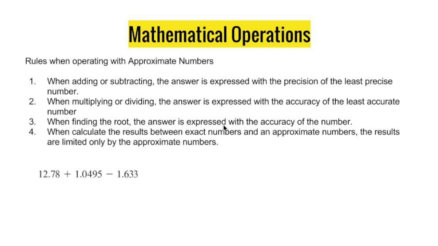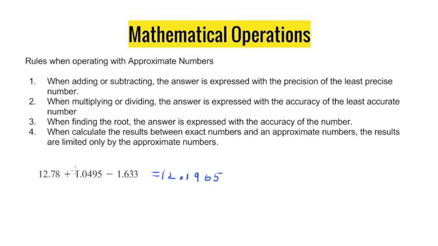You literally put 12.78 plus 1.0495 minus 1.633 in your calculator. And when you do, you find out that you get this number, 12.1965.